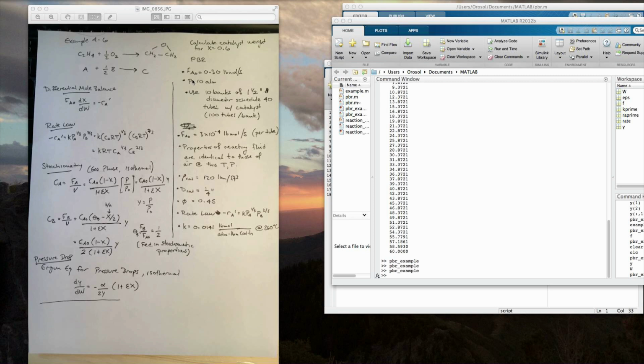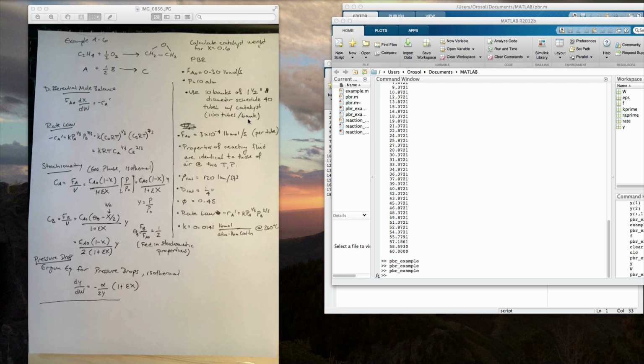And we're given FA0 is 0.3 pound-mole per second. The pressure is 10 atmospheres, and we're also told that we actually have 10 banks of packed bed reactors, and each tube is a 1.5 inch diameter schedule 40, and each bank has 100 tubes.